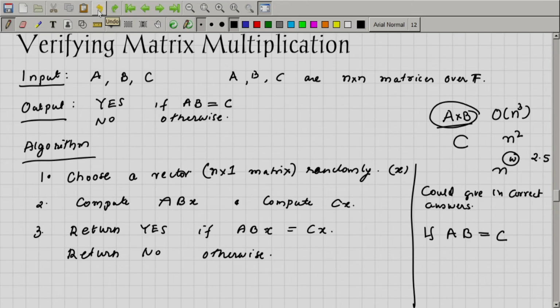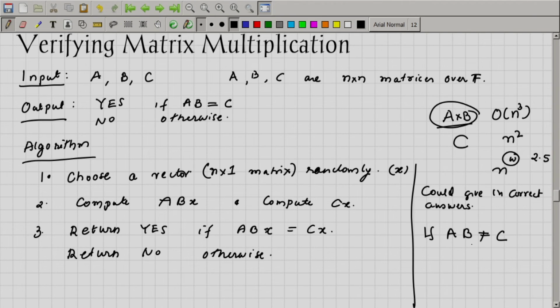But if AB is not equal to C, then there are certain x's that you could choose which could result in the answer yes, when the correct answer would have been no. For example, if the random vector you chose was, unfortunately, the all 0 vector, multiplying it with AB gives 0, and multiplying it with C also gives 0. The 0 vector being equal to the 0 vector, the answer would be yes, whereas the correct answer would have been no.